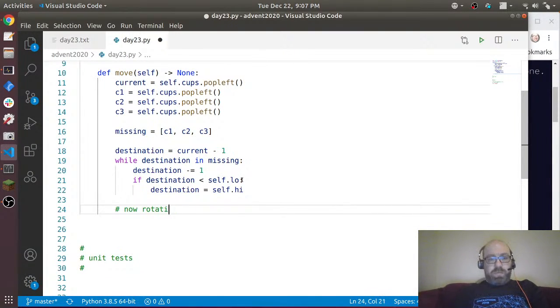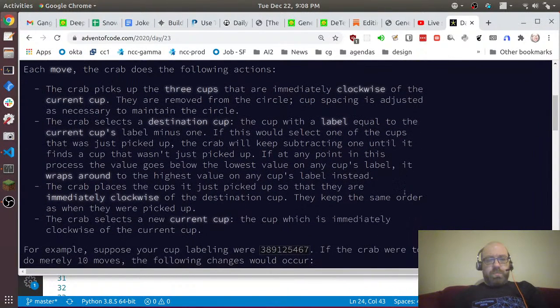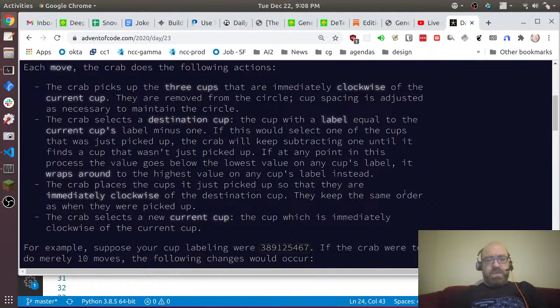Now rotate to get to the destination, immediately clockwise of the destination cup.